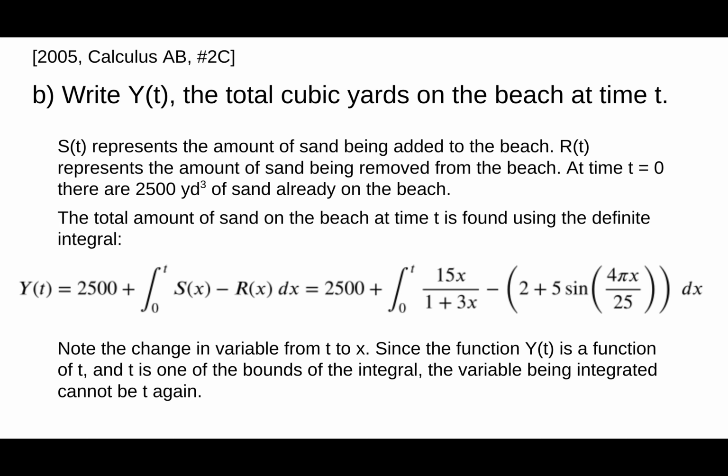But typically we would use x here since we weren't using x before. So that just alleviates some of the ambiguity if you accidentally try to use t for both an upper bound, or a lower bound for that matter, and t as the variable that's being integrated here. It's just better to switch that up when the variable that you are actually interested in is one of the bounds of your integral. Then just use a dummy variable in your integral, and you should be fine.